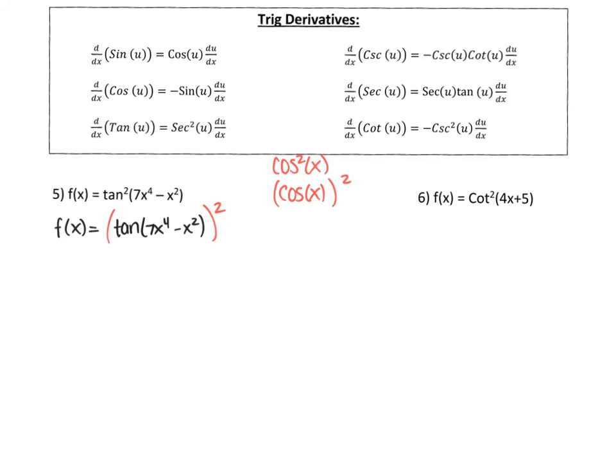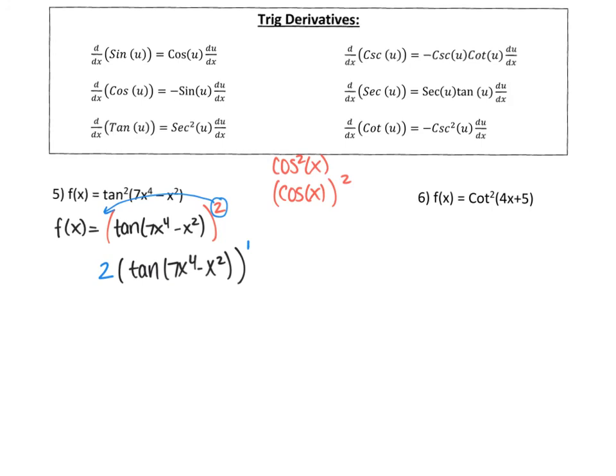So by changing it to this squared on the outside, it will allow us to use the chain rule. So the chain rule says we take the exponent, we bring it in front, so the 2, then we keep the inside, tan of 7x to the 4th minus x squared, and we decrease the power by 1, and then we take the derivative of the inside.